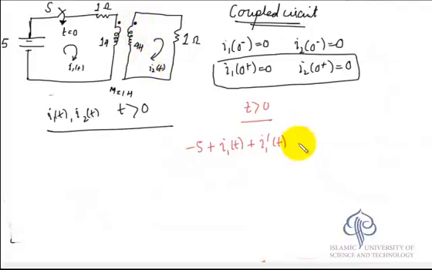As you know, the sign convention says that this means the mutual inductance is going to be negative, because one is flowing into the dot, the other is flowing outside the dot.